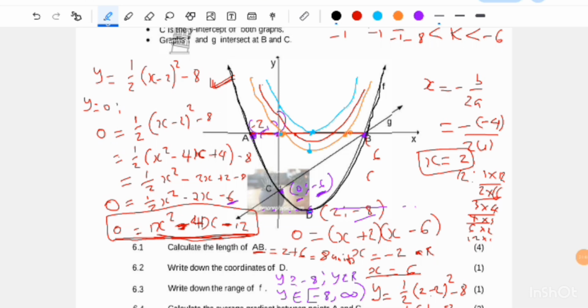Remember, for this type of question, listen to this one carefully, you're always going to use your roots as your triggering point. So this thing is looking so much clustered now. You're going to use this as your triggering point. I'll draw two vertical lines there.